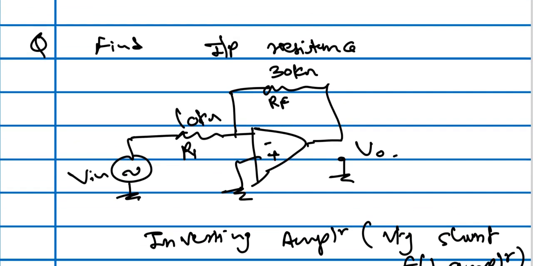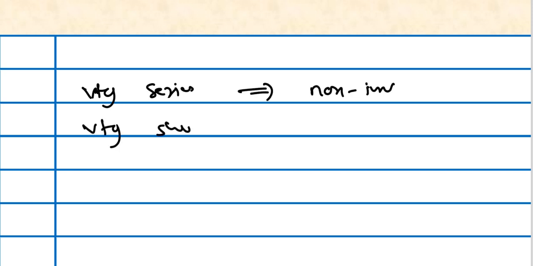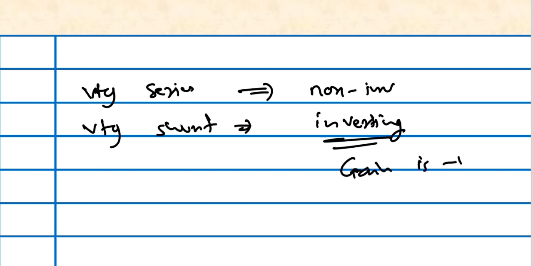Okay. Now one important point: voltage series is a non-inverting amplifier, voltage shunt is an inverting amplifier. For the inverting amplifier the gain is negative.